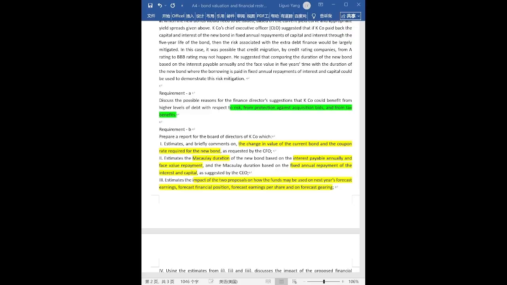This is because the increased levels of debt would probably be secured against the assets of the company, and therefore the acquirer cannot use them to raise additional debt finance, and cash resources would be needed to fund the higher interest payments.